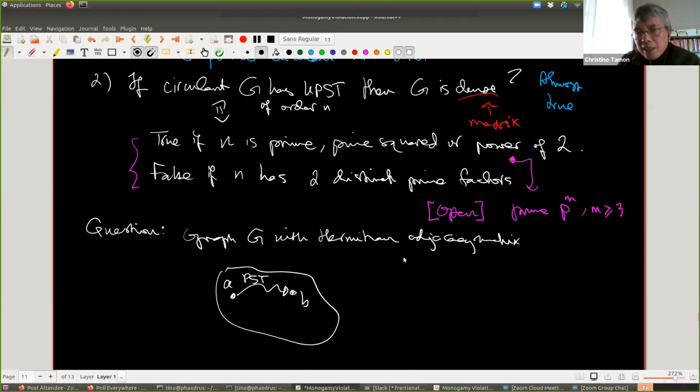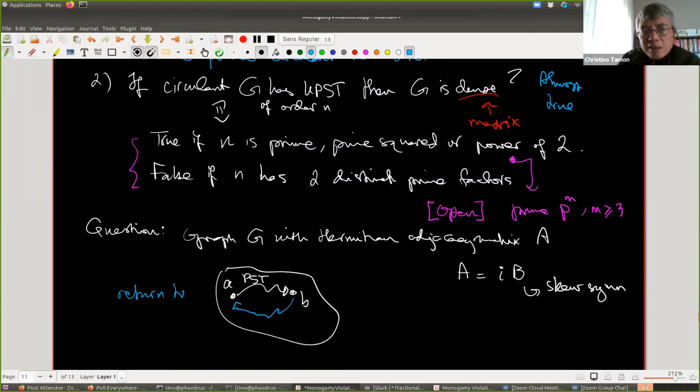Sabrina and Chris proved that in the case of G being this complex-oriented graph, where this is, let's say, A here, and this is skew-symmetric, in this case it's true that we can always come back to A. So return to A is guaranteed in this case.